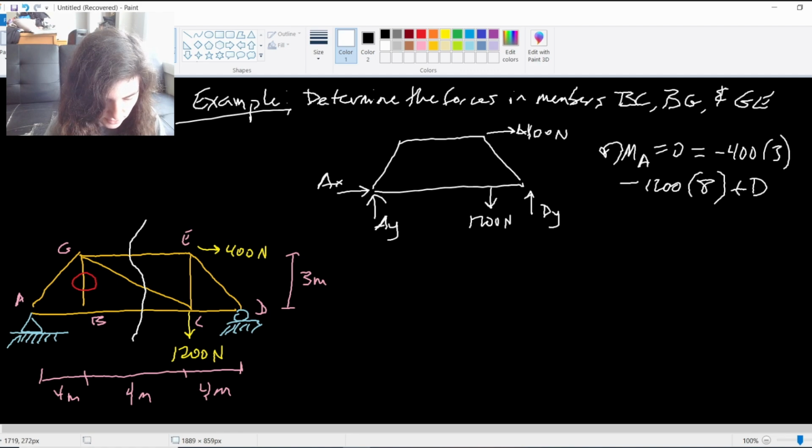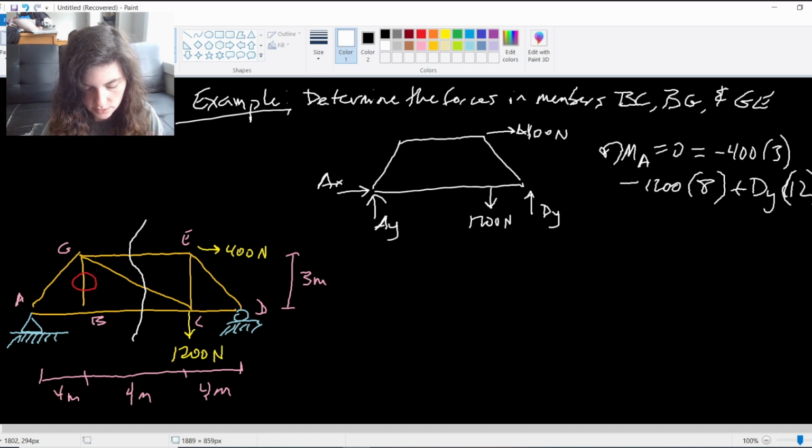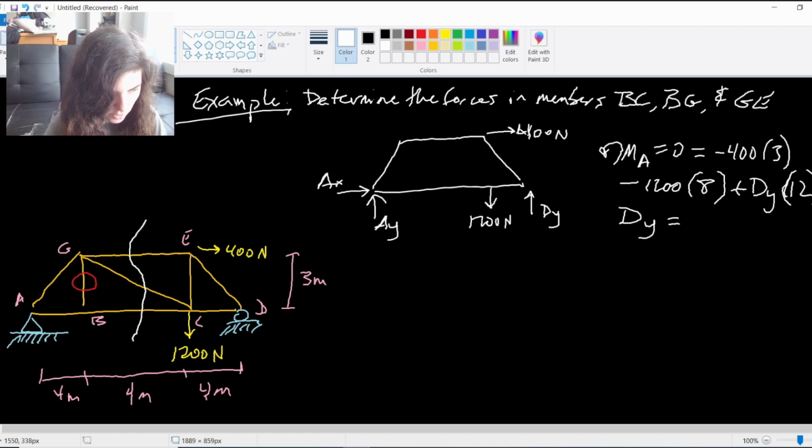And then plus, since Dy is going counterclockwise, Dy times the 12 meters away that it is. So when I solve for Dy, do the algebra, I get a positive 900. So I assume the correct direction, Dy is pointing upward.